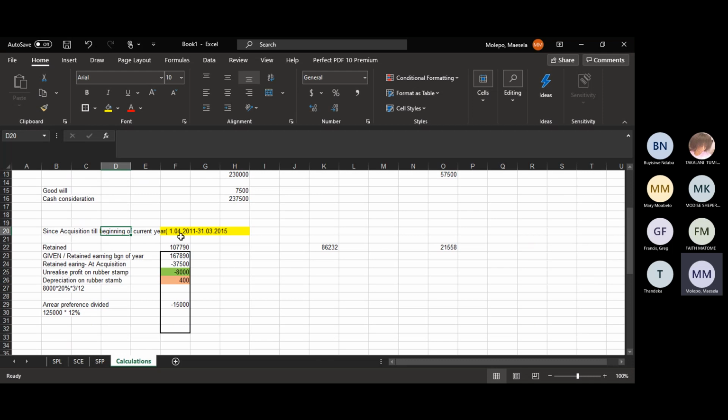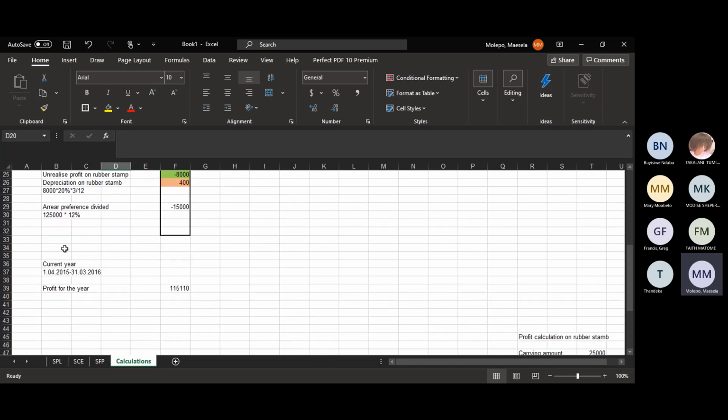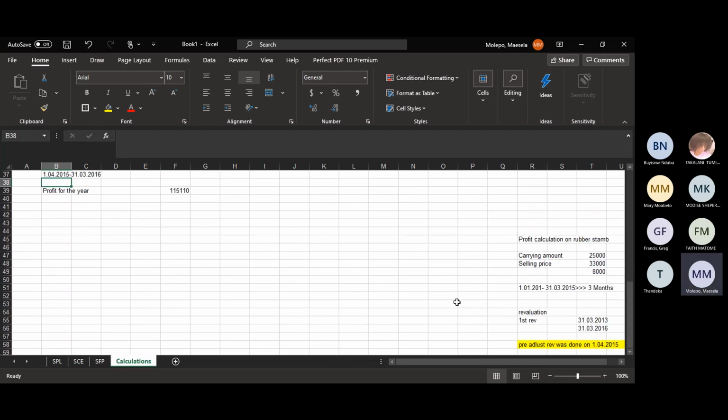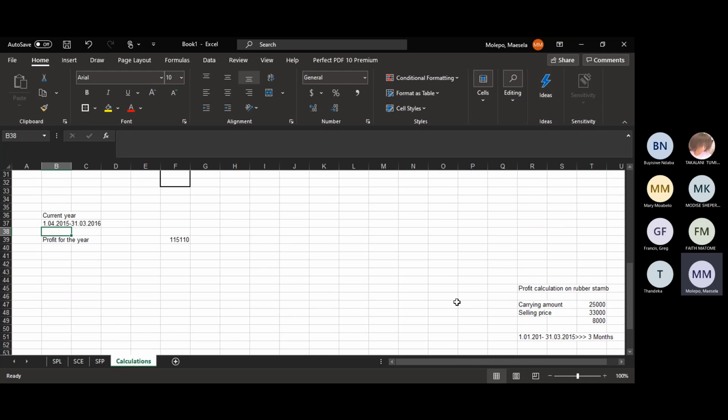So whatever happened on the first of the current year must also be accounted here. Do you see where's the trick? According to us, this revaluation was going to be recorded here as revaluation surplus on the current year as 20,000, because it happened on 1 April 2015, the current financial year.